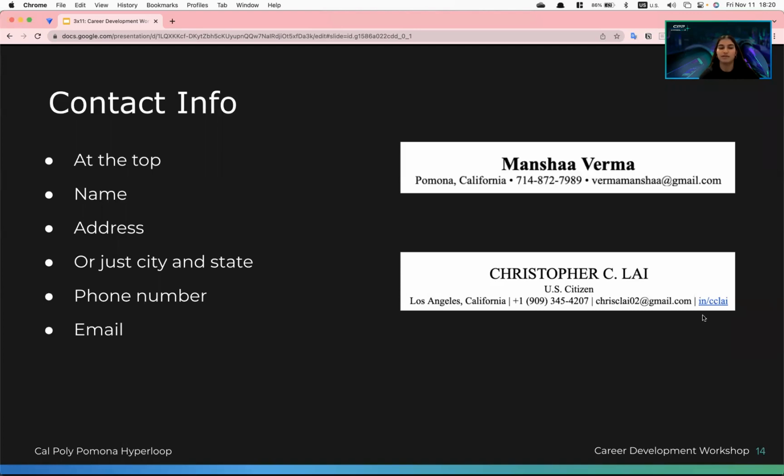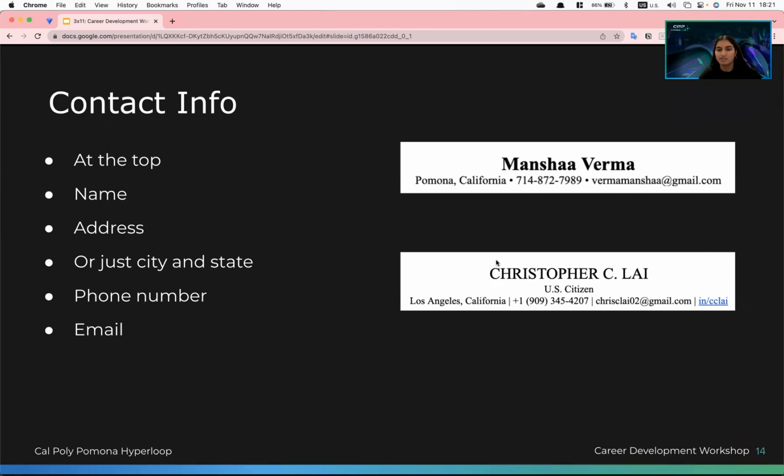And then you can have your LinkedIn or personal portfolio link. I believe when you have a PDF and you print it out, they can't click links, so maybe just have it written out. And then to separate things, you can use this horizontal bar or this dot or any other way you like it. Again, resumes are very customized to how you would like it.